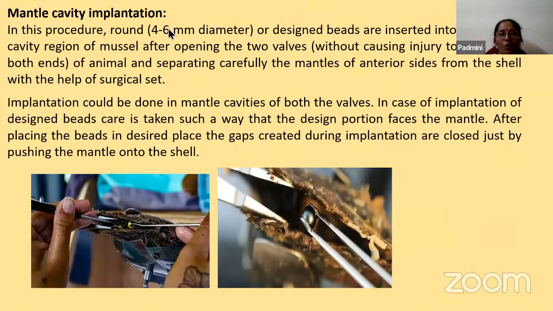In this procedure, a designed bead of around 4 to 6 mm diameter, can you see the bead, is inserted into the mantle cavity region of the mussel after opening the two valves. You open the two valves with the help of a forceps and a stick. Once you open it up, using this rod, you take a designed bead, the artificial one, and insert it into the mussel's cavity without causing any injury.